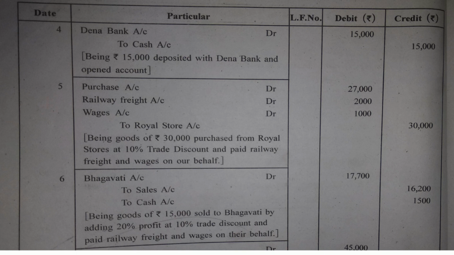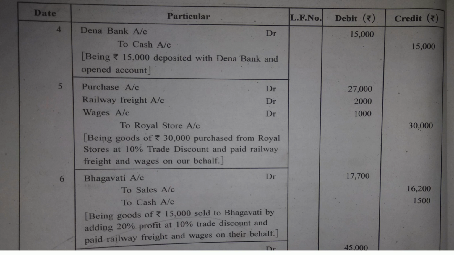This amount is paid by Royal Store on our behalf. They paid on our behalf, which means we are supposed to pay them. You know the meaning of the word payment on behalf. So railway freight account debit 200. Wages account debit 1,000. Again, wages has been paid by Royal Store. And we are supposed to pay to Royal Store.